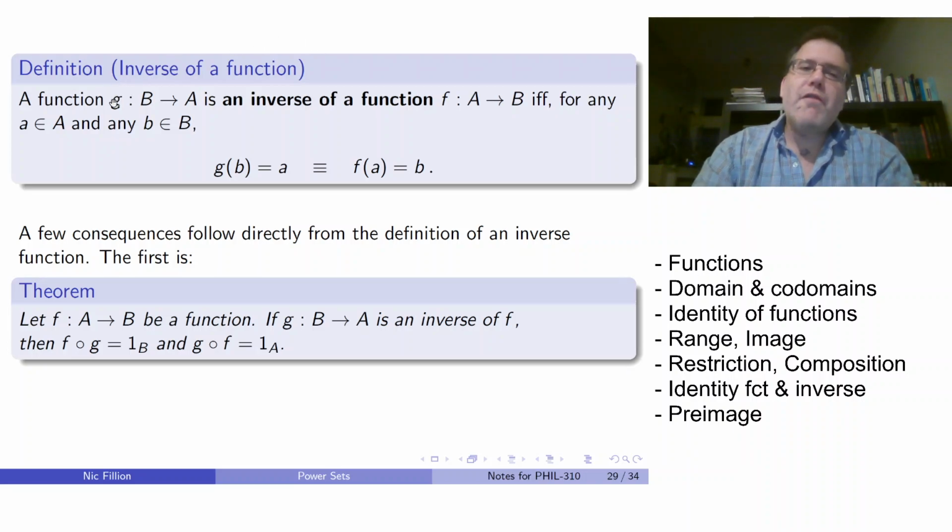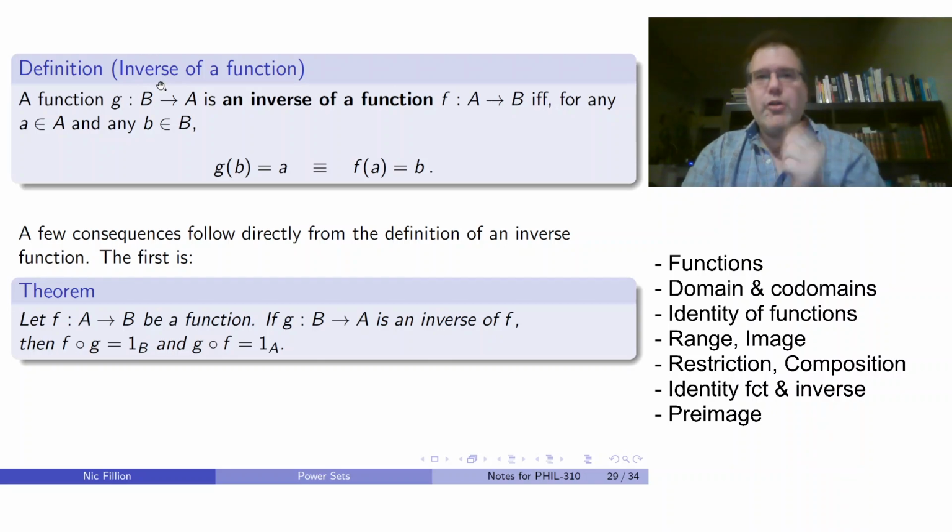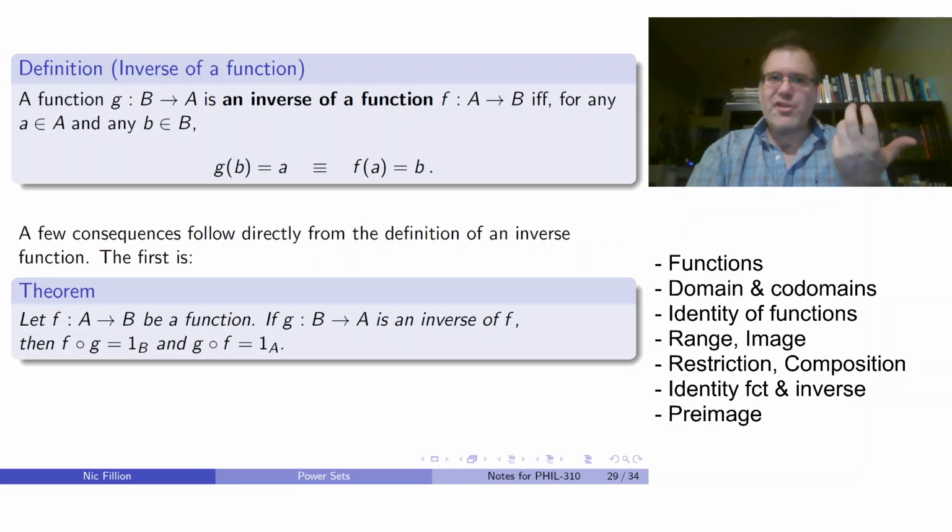Right? So a function g from b to a is an inverse of a function f from a to b if and only if. First thing we notice is that the domain and the codomain are swapped. Why? Because to be an inverse function, g has to be an inverse relation.